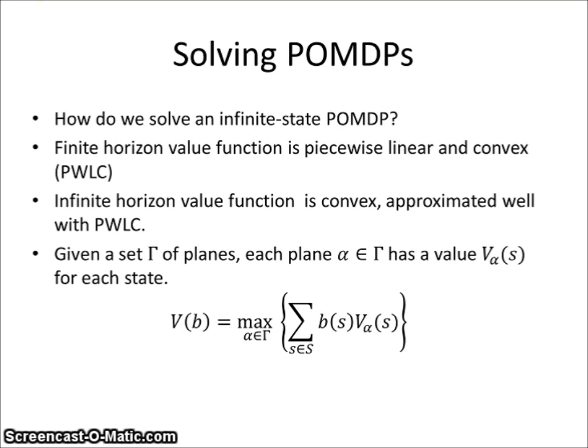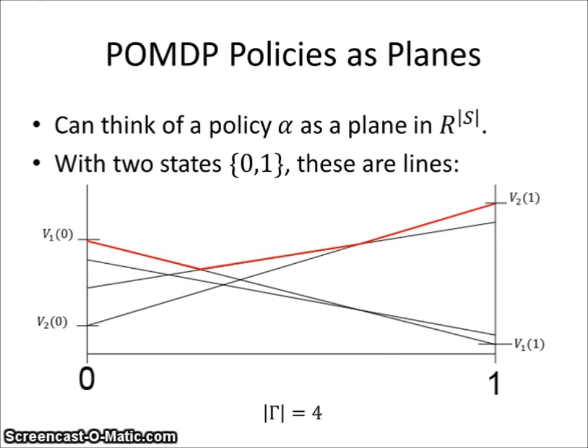So remember, our state here is the belief probability, so we're going to maximize over all the planes that we have, and we're going to average the value of each state for the maximum given our current beliefs. And we're going to use these planes, or as they're usually called, alpha vectors, when we interpret the output of the solver.